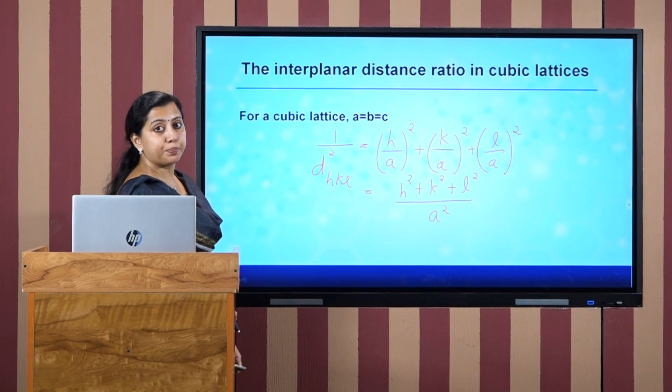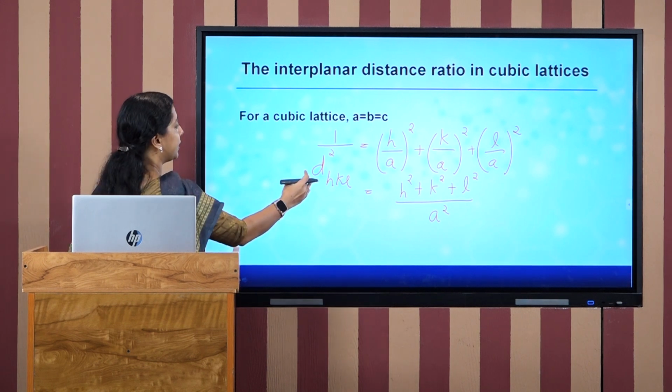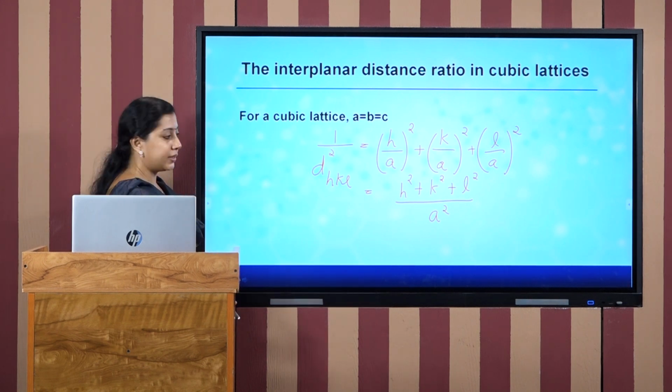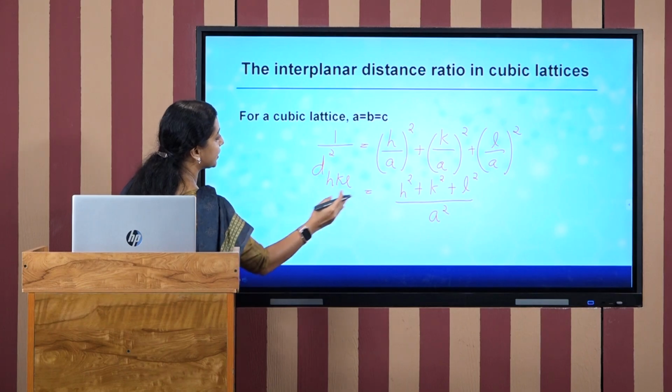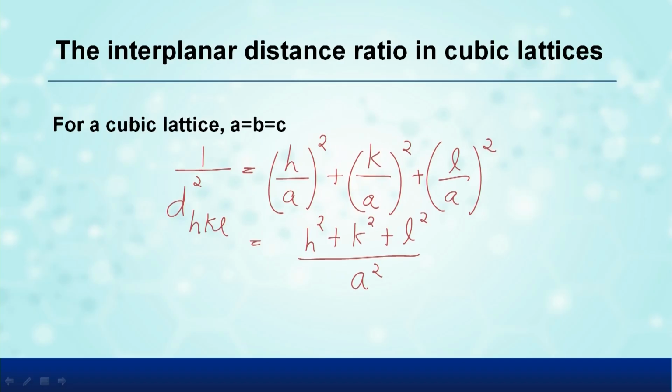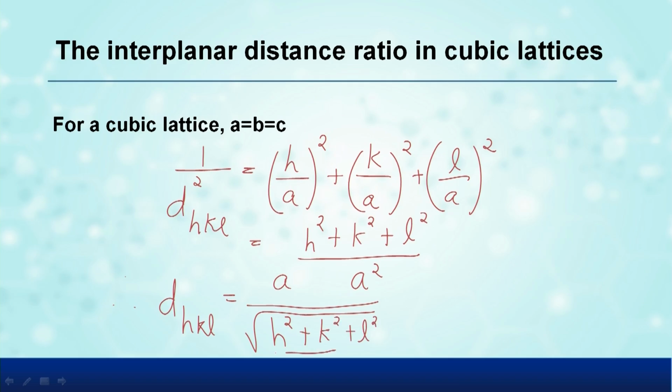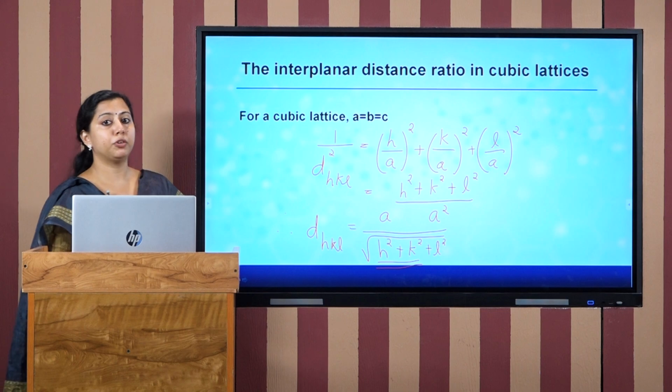So, from this we can find the interplanar distance. d hkl is equal to a upon root of h square plus k square plus l square. So, this is a standard formula for finding the interplanar distance.